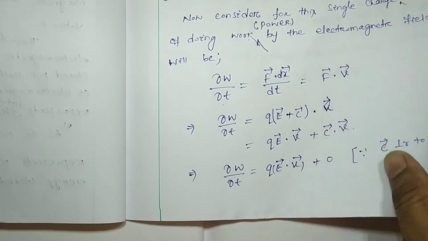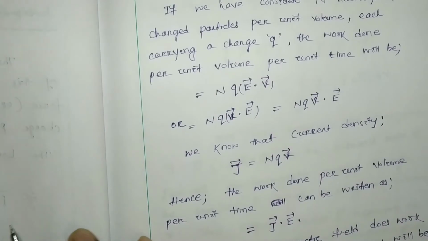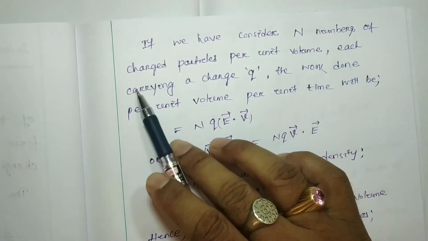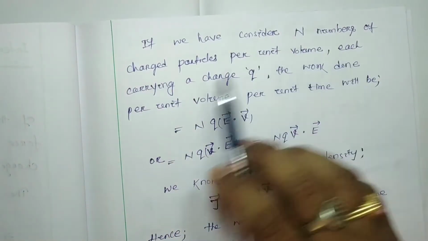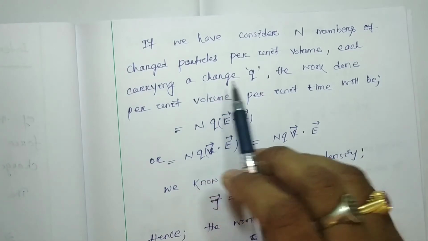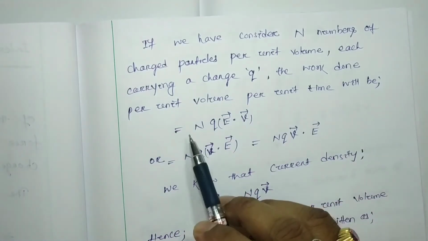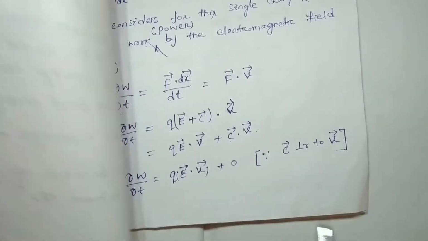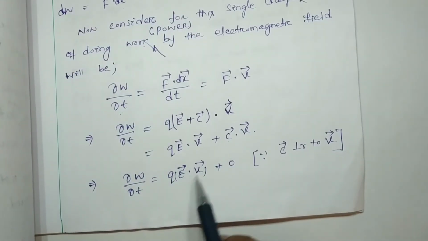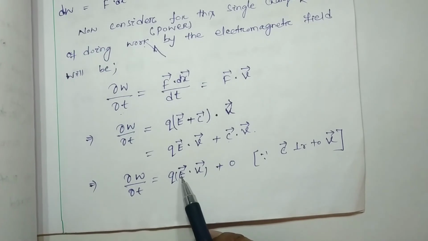If we have to consider n number of particles, that is, n number of charged particles per unit volume, each carrying a charge q, then work done per unit volume per unit time will be n into this much. This is the power or the rate of work done for one charged particle.